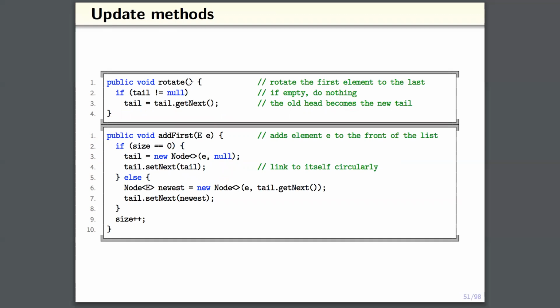Look at the rotate function. So clear, crystal clear, right? Just one line. Tail is equal to tail.getNext. Of course, as I said earlier, for every function, for every data structure, you should check for corner cases.